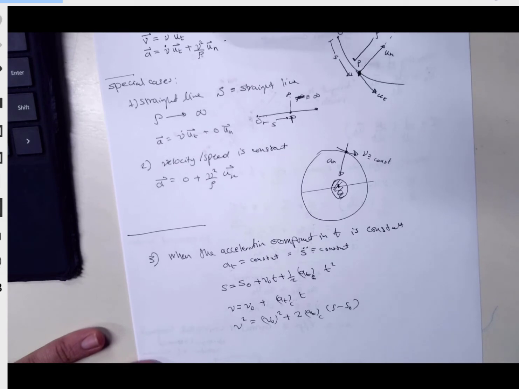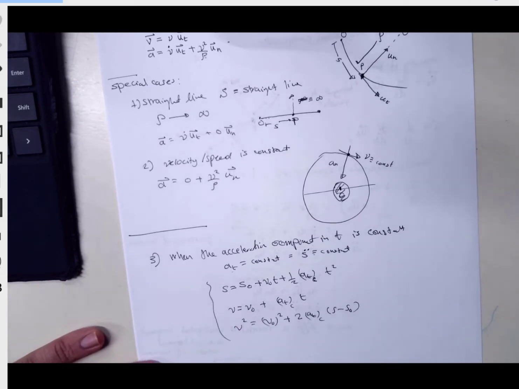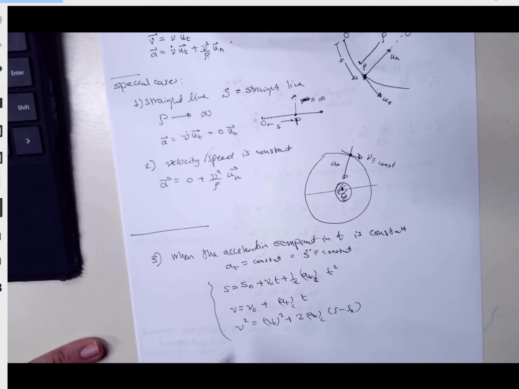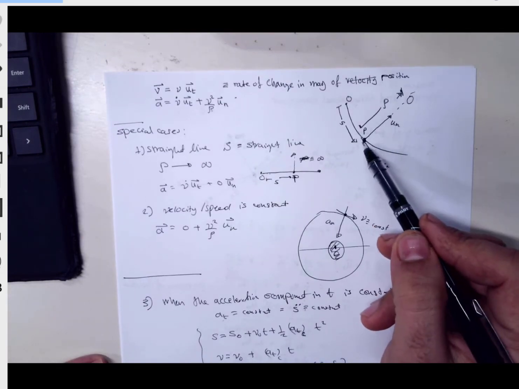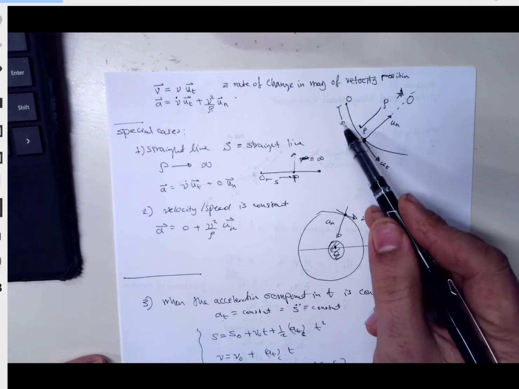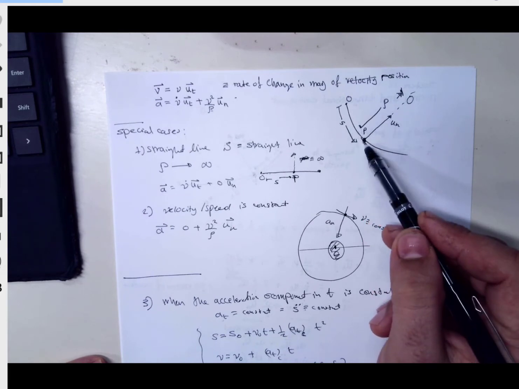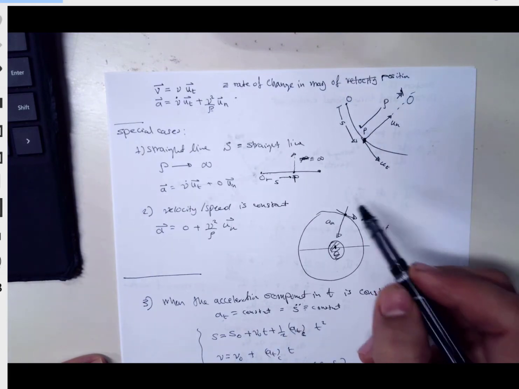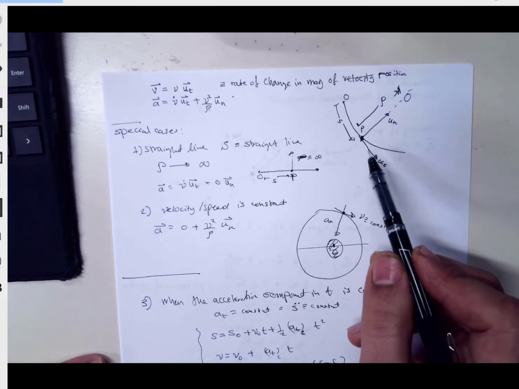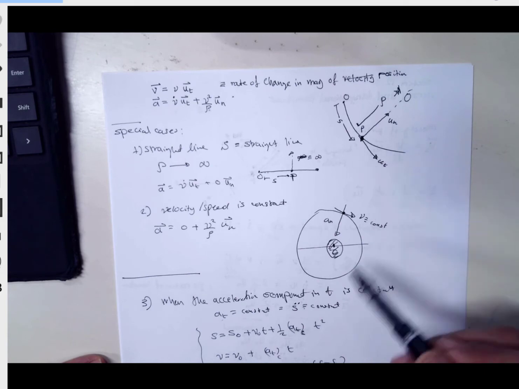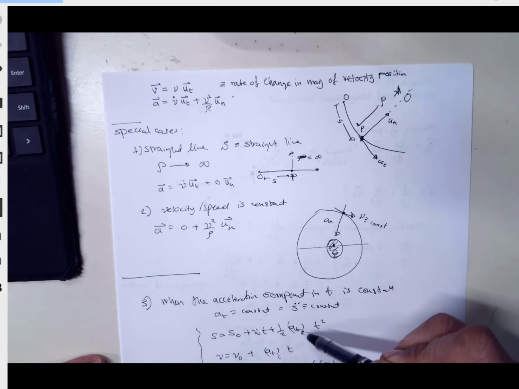And this will be useful along the tangential component. So looking back here, the analysis involves knowing how far this particle will go along the path, and the time it takes to go from one point to another, given that a_t is constant.